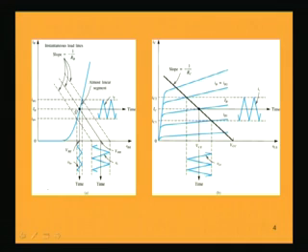If we concentrate on the input characteristic, that is the characteristic between the base current and the base to emitter voltage, we have a change in the VBE due to the application of the signal.